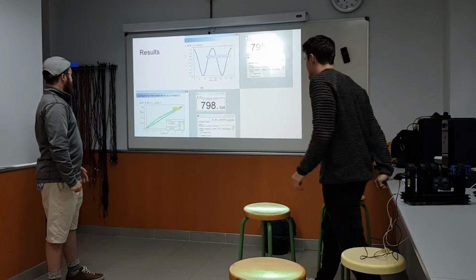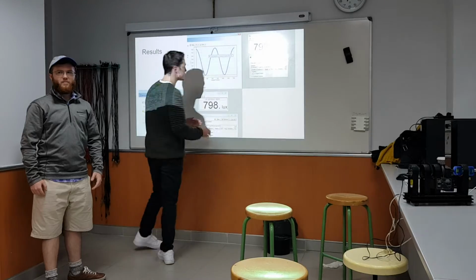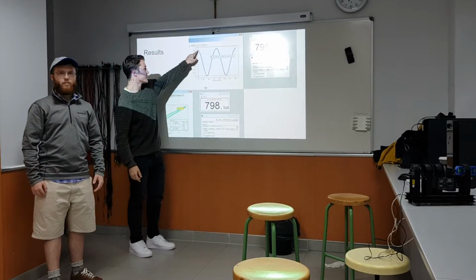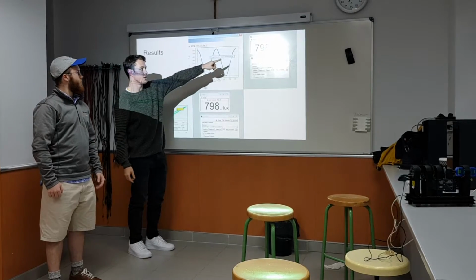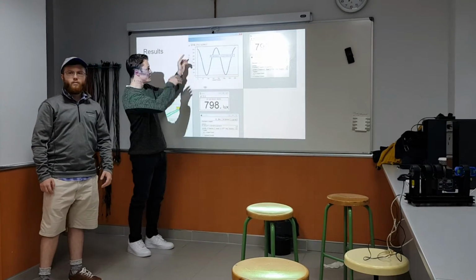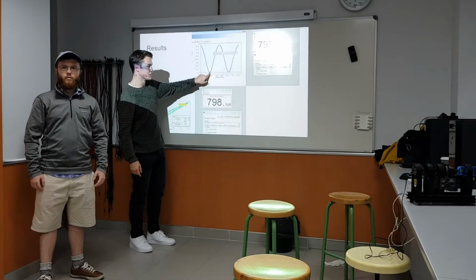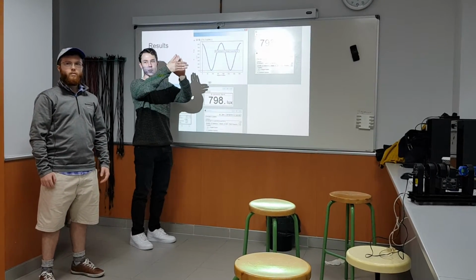And here you can see that to start, when the angle between the two lenses is at 0, you have full light intensity of at or near 800. And then as you rotate it, the light intensity dips dramatically until it goes to almost 0 as the two are perpendicular to each other.